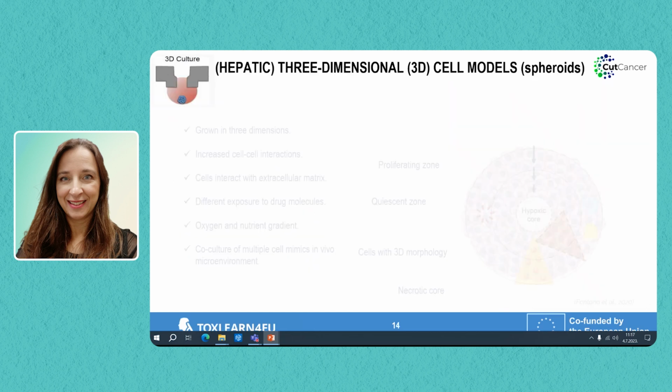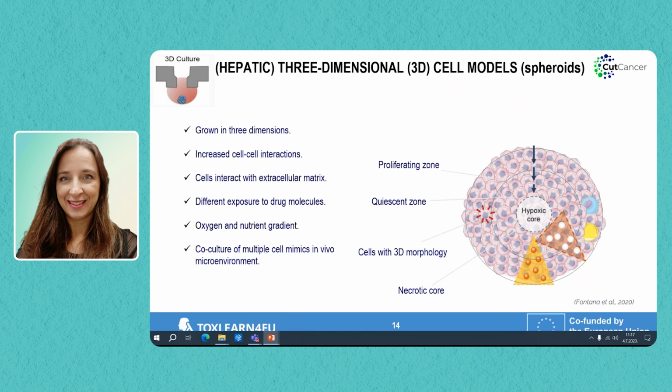In contrast, in 3D models, as you can see, the cells grow in three dimensions and are virtually 100% surrounded by other cells. When they grow like this, they start to produce their own extracellular matrix, so we don't need to add any matrix.